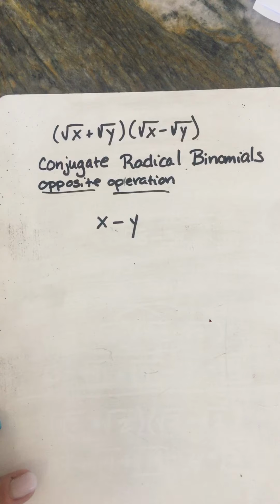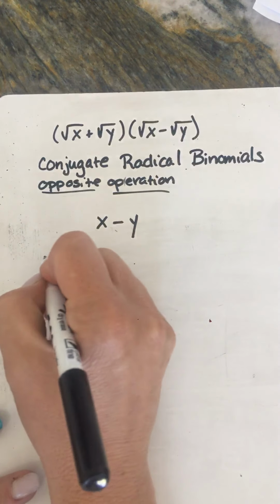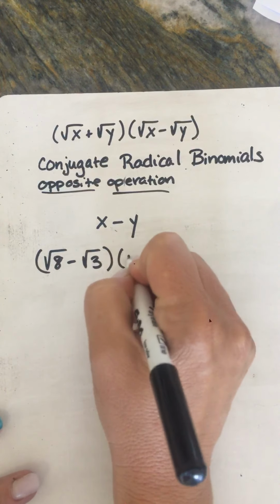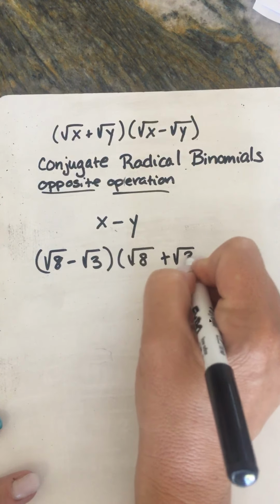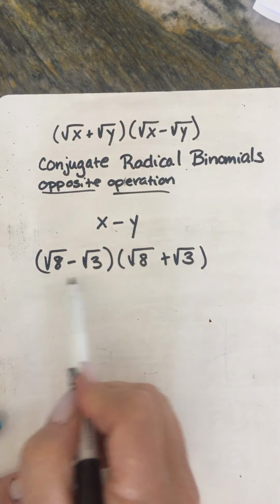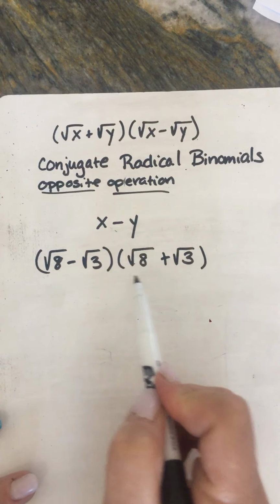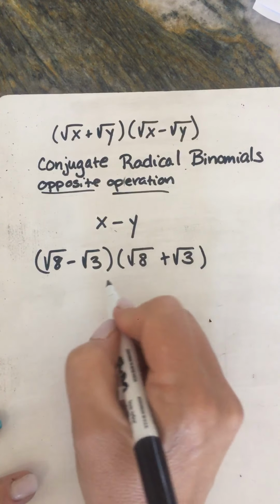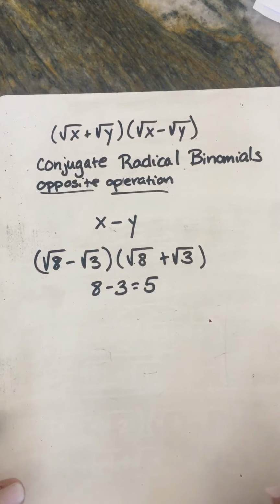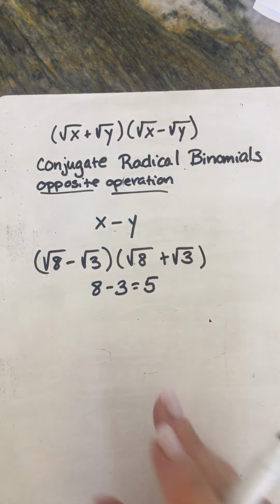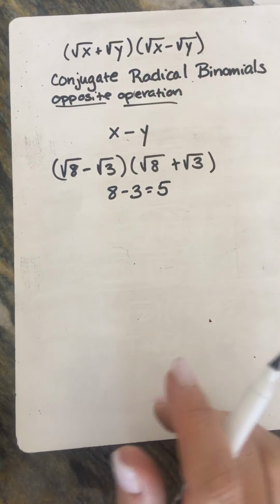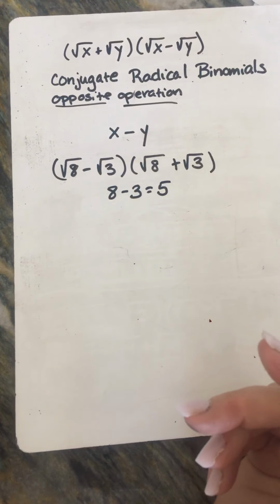So if I have something like the square root of 8 minus the square root of 3 times the square root of 8 plus the square root of 3, I can do it really quick now, knowing that these are conjugate radical binomials. So I can say, hey, this is going to be 8 minus 3 or 5. Wow, that saves us so much time.